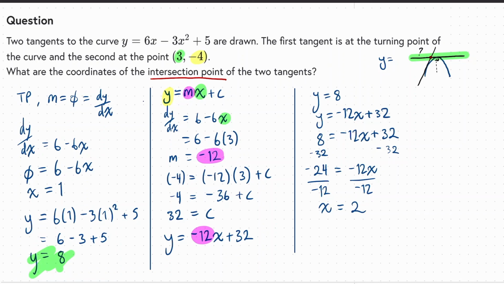So what's the intersection point? Well, the intersection point is at 2, 8.